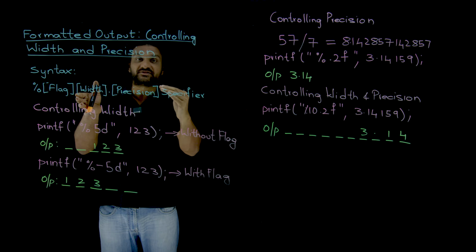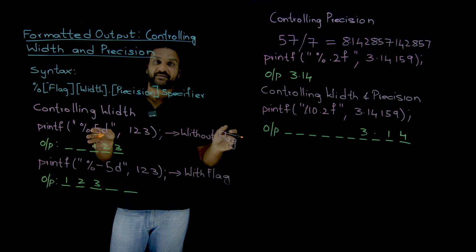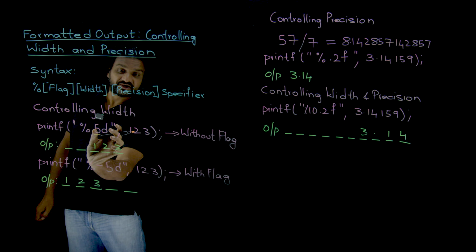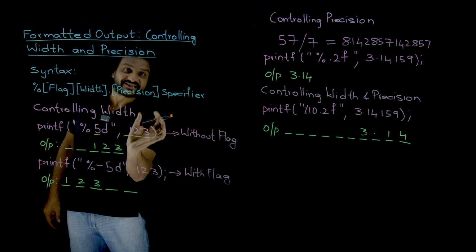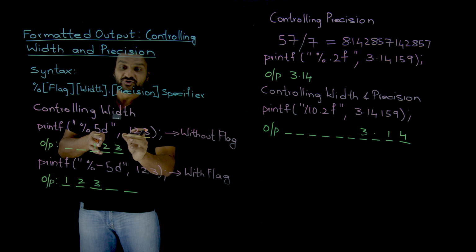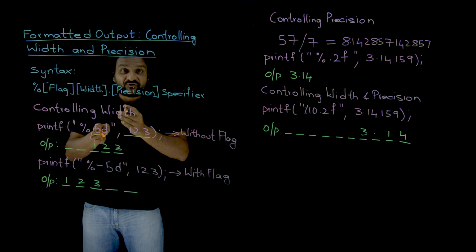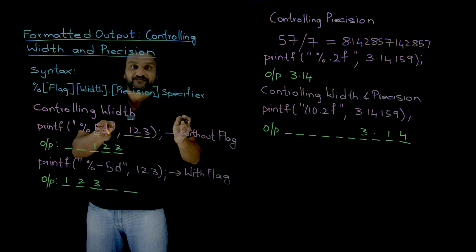Make a note of it, a minimum of 5 spaces. For example, the corresponding value of this %d is this one, 123, and I am expecting this 123 to be printed. Now the output will get printed with a minimum of 5 spaces.